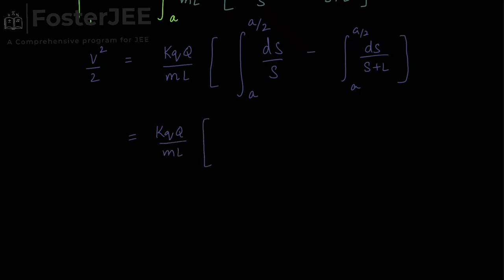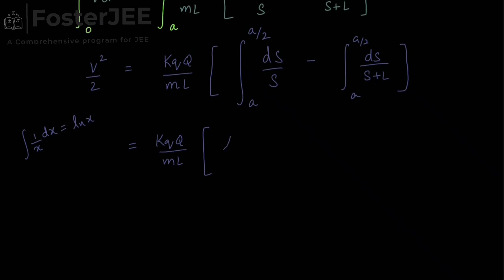We know the integration of 1 by x with respect to dx is ln x. So this becomes ln s, with limits a to a by 2, minus ln of s plus l, with limits a to a by 2.